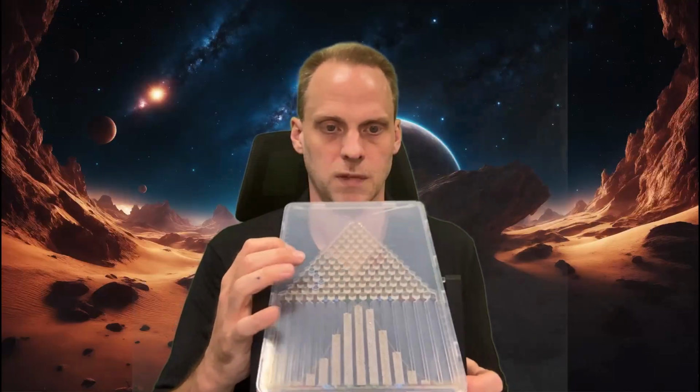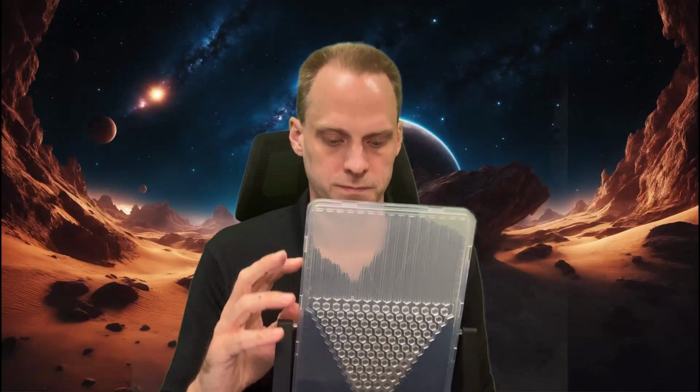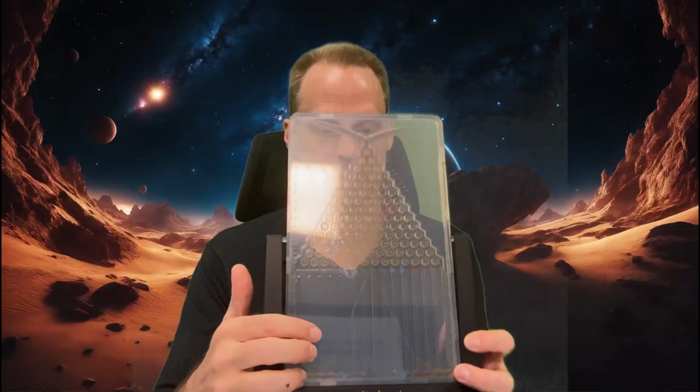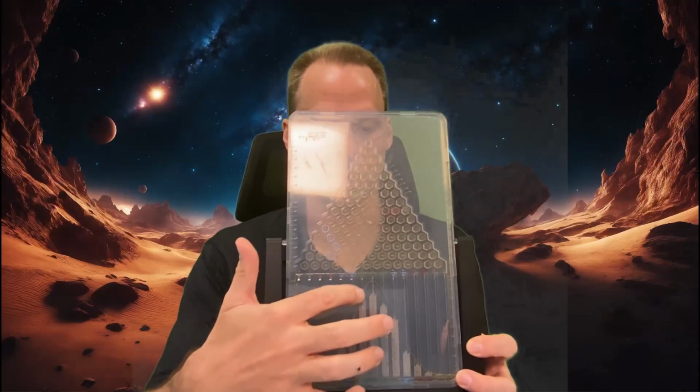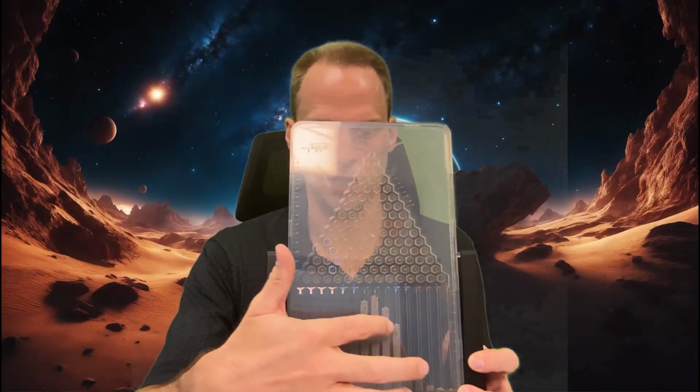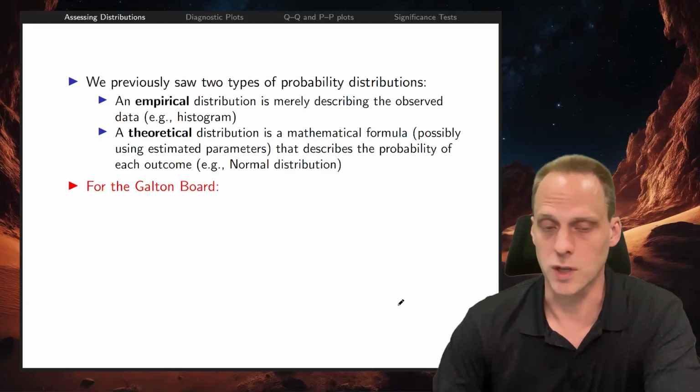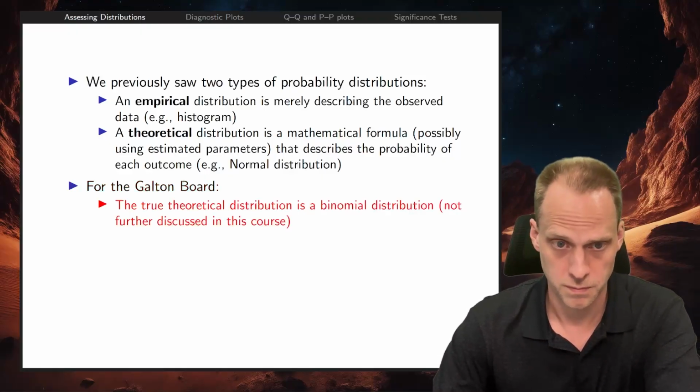That's the middle one, and you see it's the most likely to fall in here. Now, a nice thing about the Galton board is that the shape is actually approximately normal. You can see here, we have this approximate normal bell shape. That's actually a very interesting thing. The reason for that is the central limit theorem, which I'll come back to.